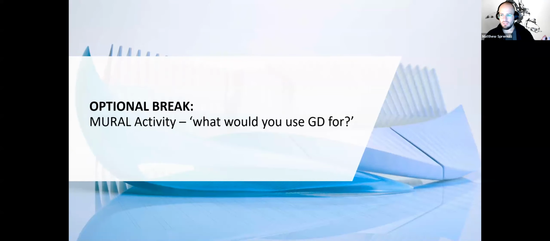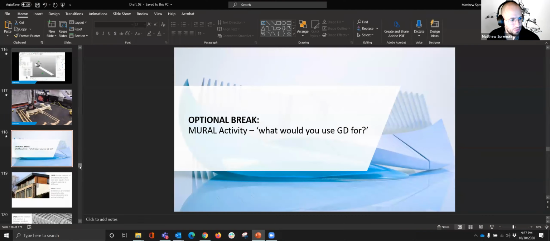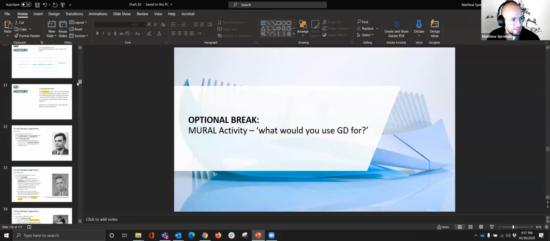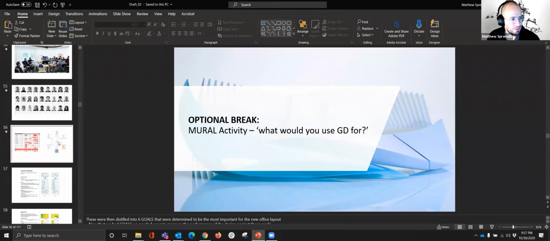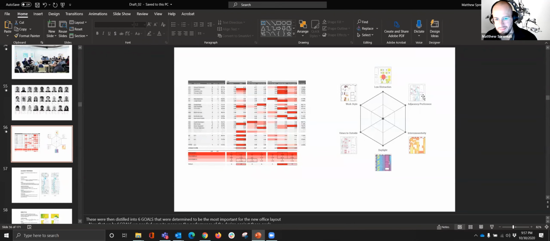So this is what we talk about in the applications of generative design, having a quantitative goal versus a qualitative goal. So I'm going to just go to this point here and show you. Here's a good example.